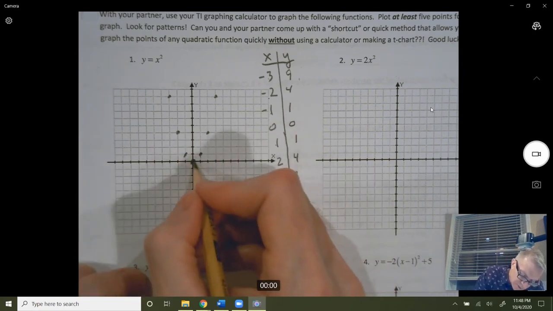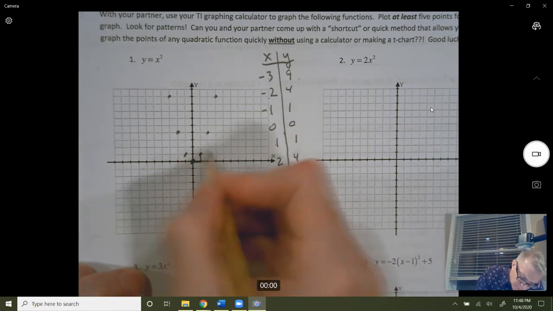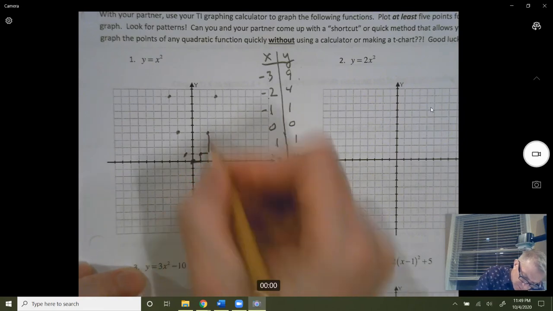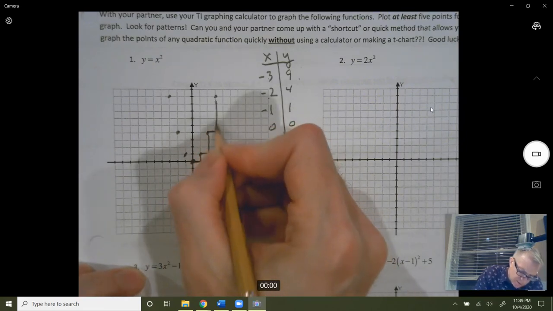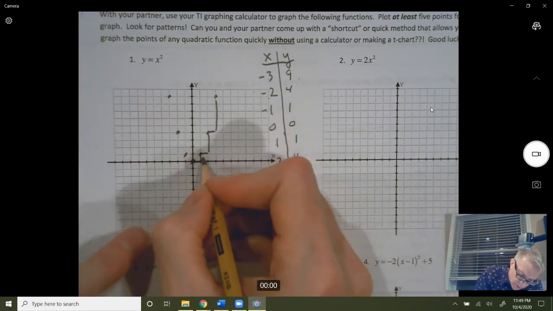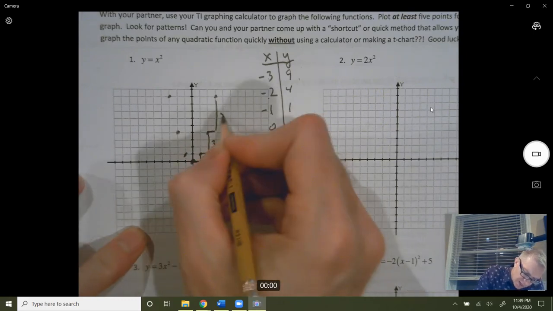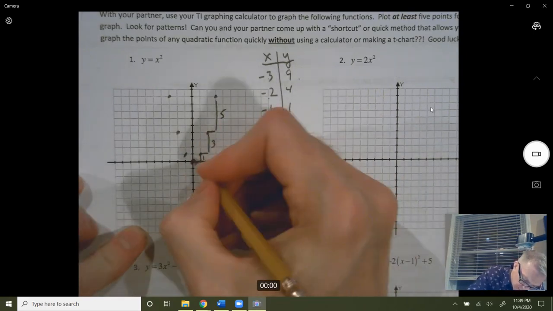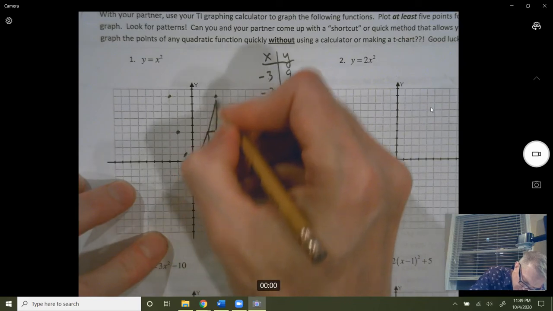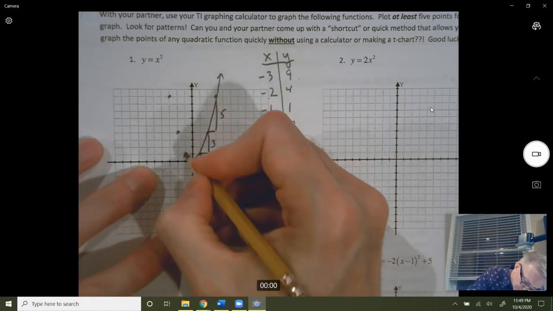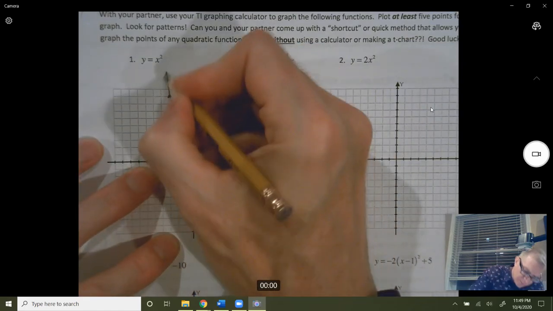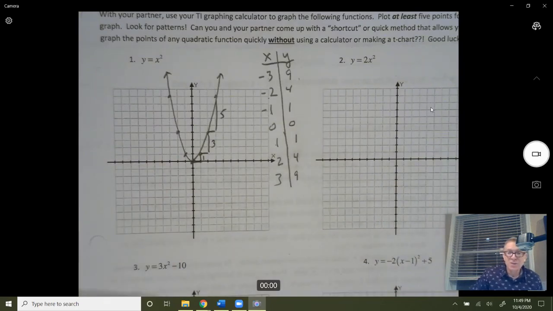But the more interesting pattern is the odd numbers. This is a pattern, since our A value is positive 1, of 1, 3, 5, and then we go on to 7 and 9. Okay, this is going to make things a little bit easier when you want to plot a parabola quickly.